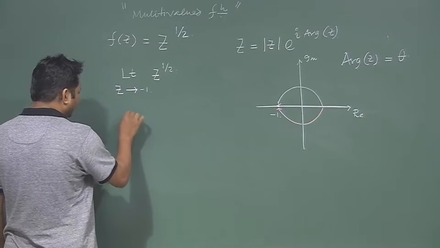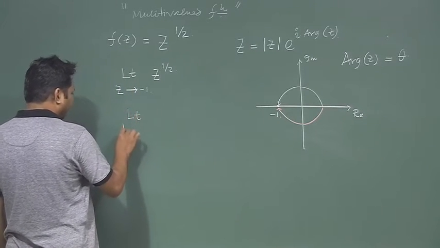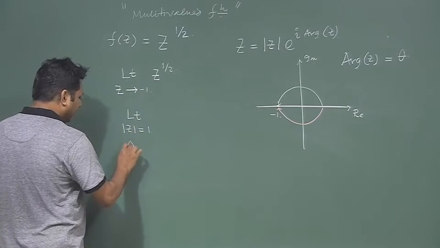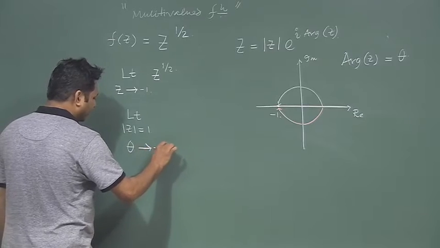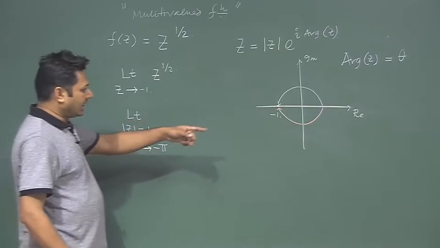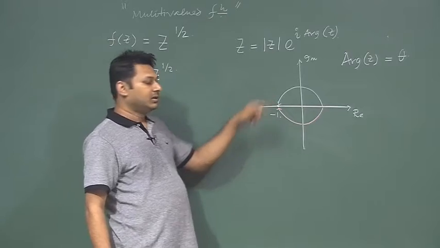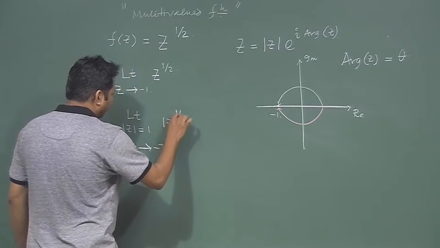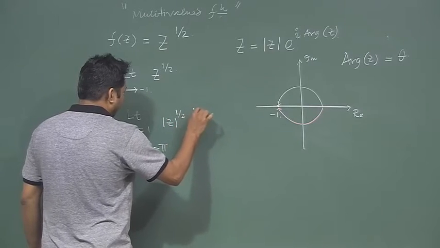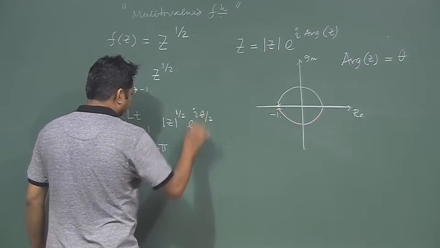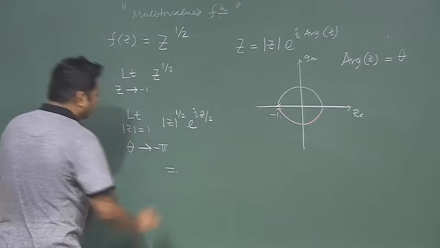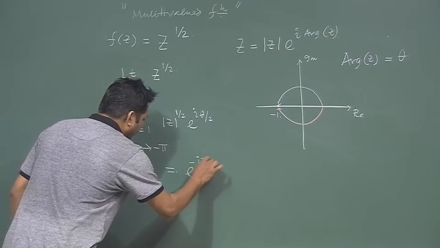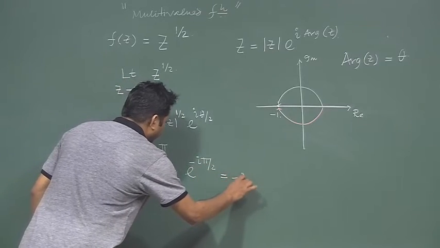So, now this limit is modified as mod of z is equal to 1 and theta is approaching minus pi, because I am going to this point from the other direction. Then z to the power half is e to the power i theta by 2. If I put this limit here, you will readily find that it will be e to the power minus i pi by 2, which is minus i.